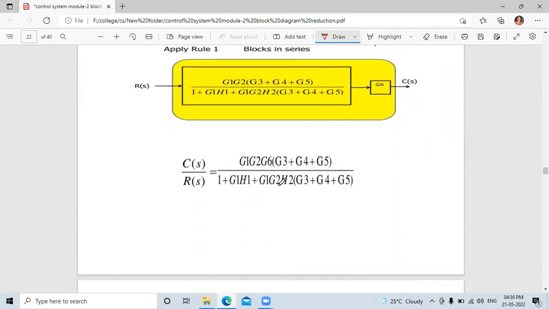I will solve it here: G1, G2, G3 plus G4 plus G5.